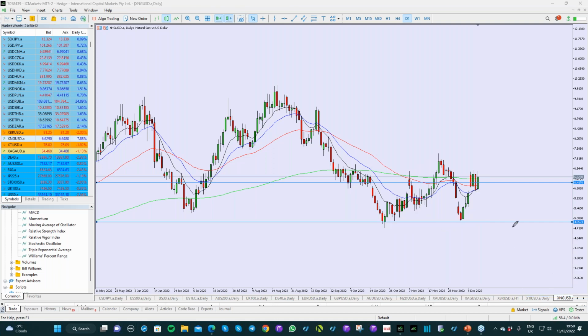If on the other hand, price does manage to make it and stay above this level here, and especially if it closes above on the weekly time frame, it looks like it's going to close above today, in which case I'll simply be looking for continuation to the upside on this one. So I do remain bullish at the moment on natural gas, although if price comes beneath this level here, then I will change my tune pretty quickly.